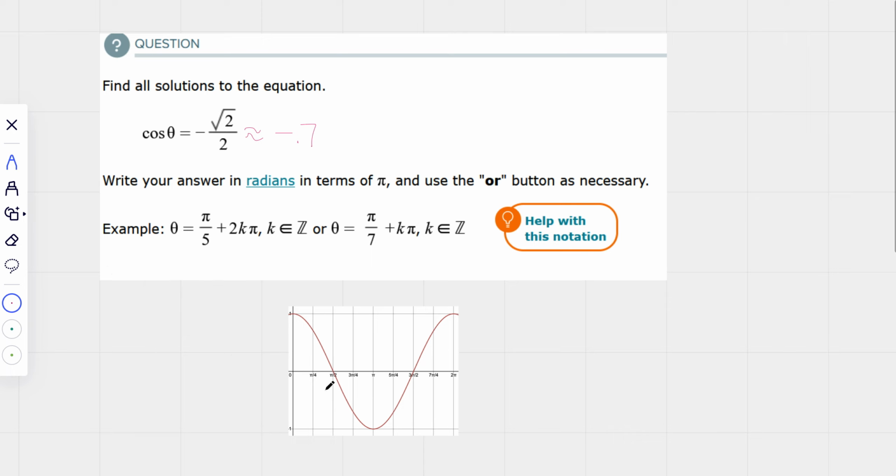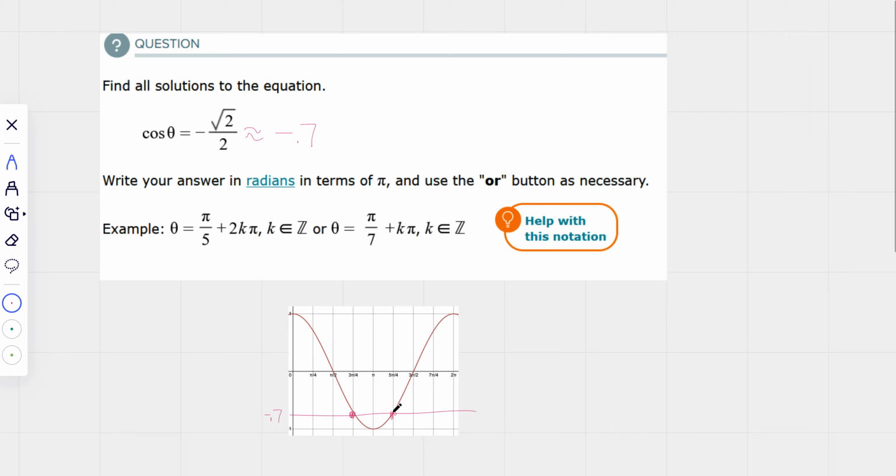We represent this on a graph right around like that. Everywhere that this line of negative about 0.7, which is negative square root of 2 over 2, crosses, so 3 pi over 4 and 5 pi over 4.